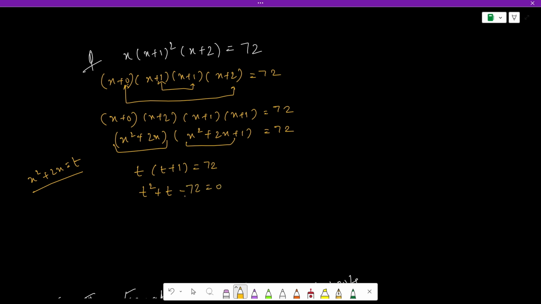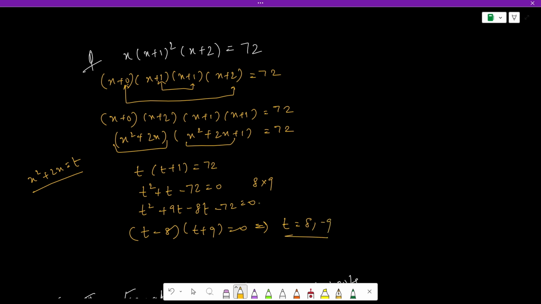Now we want product to be 72 and sum to be 1, so 72 is 8 into 9, so this becomes t square plus 9t minus 8t minus 72 equals 0. This becomes t minus 8 into t plus 9 equals 0. Hence we get t equals 8 and minus 9.